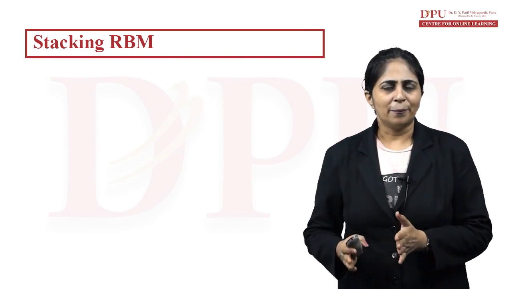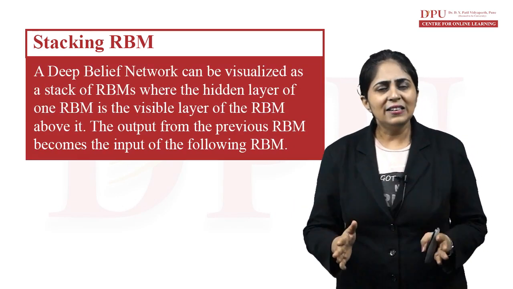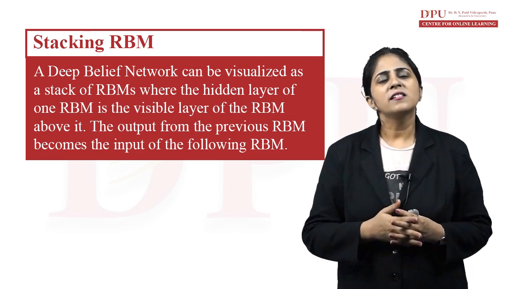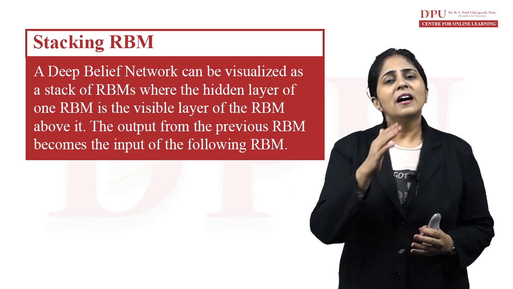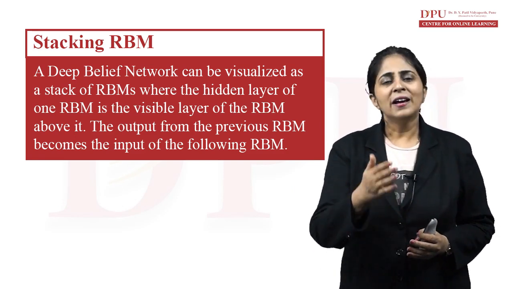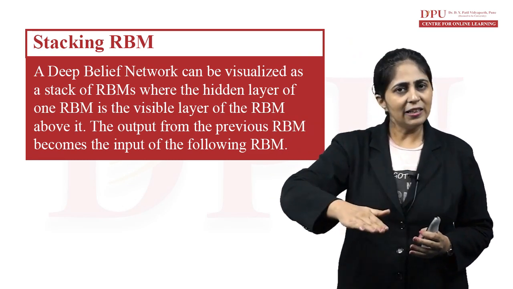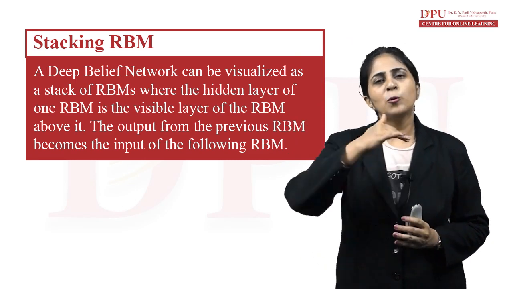Stacking RBM. Stacking means putting the RBM machines into a stack. A deep belief network can be visualized as a stack of restrictive Boltzmann machines, where the hidden layer of one RBM is the visible layer of the RBM above it.